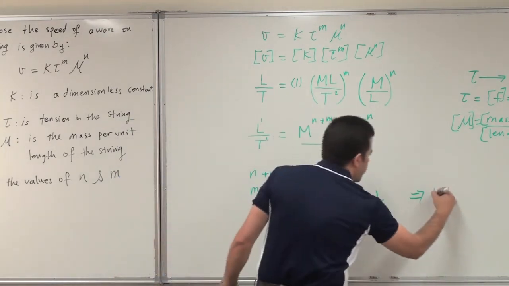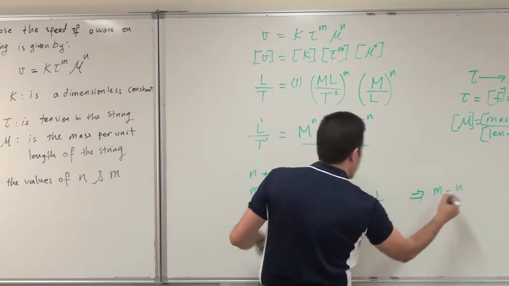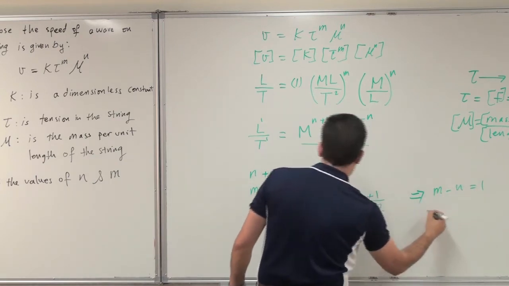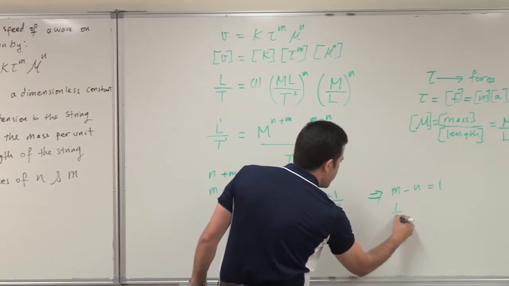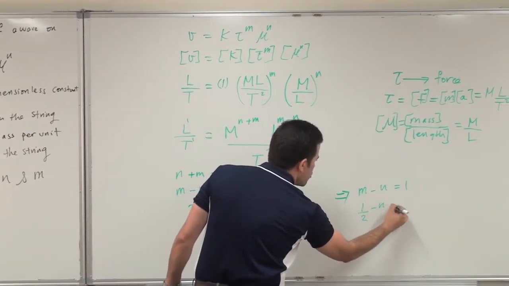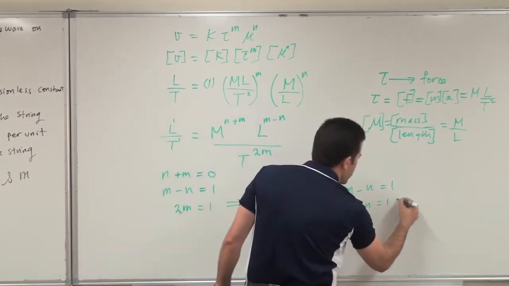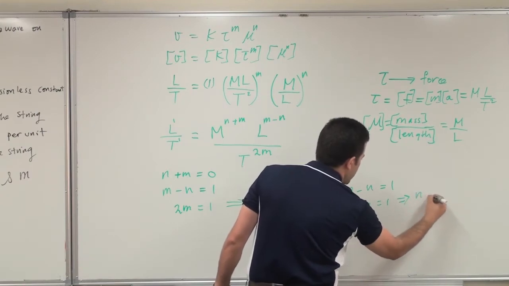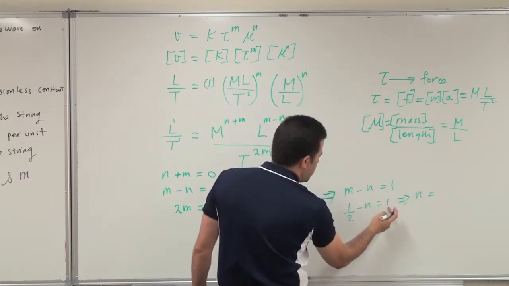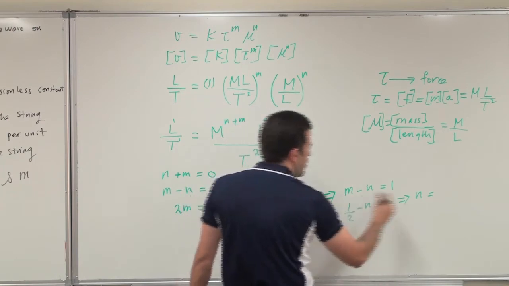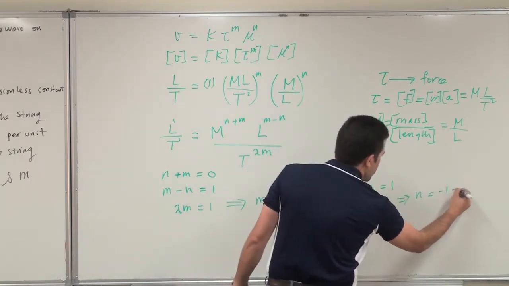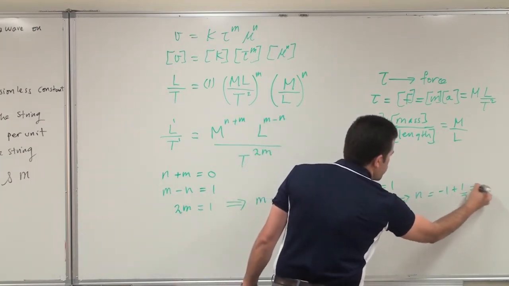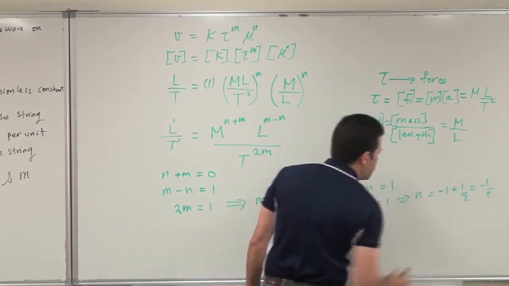So m minus n equals 1. So m is a half, minus n should equal 1. And this will give me that n, taking n to this side and 1 to this side, will be minus 1 plus half, so it should be minus half.